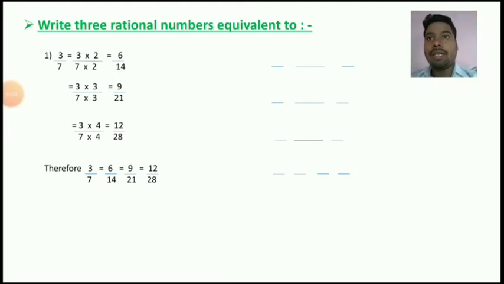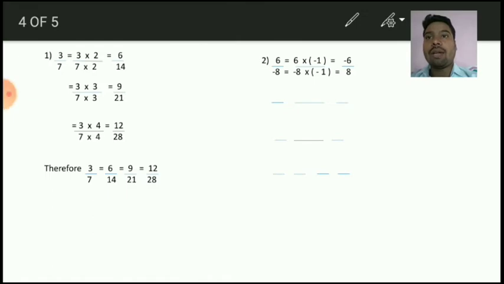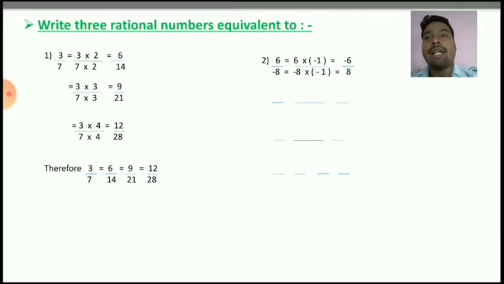So the next example is 6 divided by minus 8. We have to find 3 equivalent rational numbers for this. I multiply 6 divided by minus 8 by minus 1. So 6 into minus 1 gives minus 6, and minus 8 into minus 1 gives 8. So my first equivalent rational number is minus 6 divided by 8.